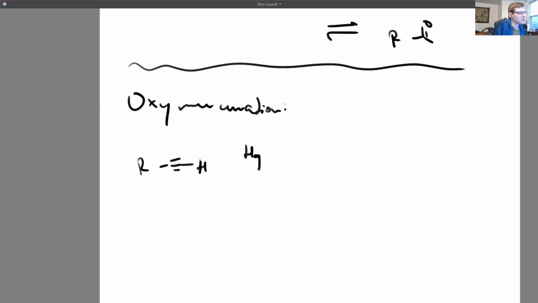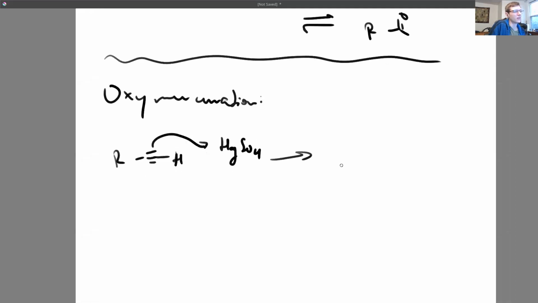So if we have this HgSO4, right, the triple bond is going to come here and take this thing off. Although you don't even really need to take the SO4 off. I think you really just have Hg2+ floating around, which will do this, but whatever.